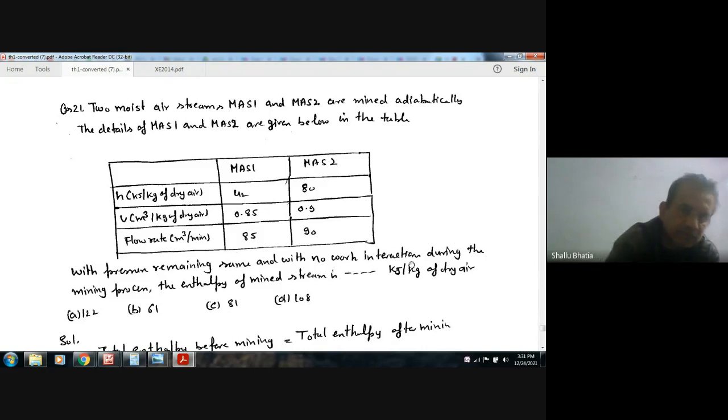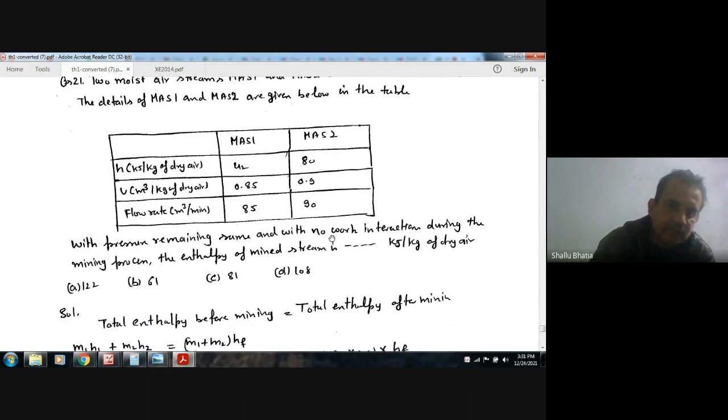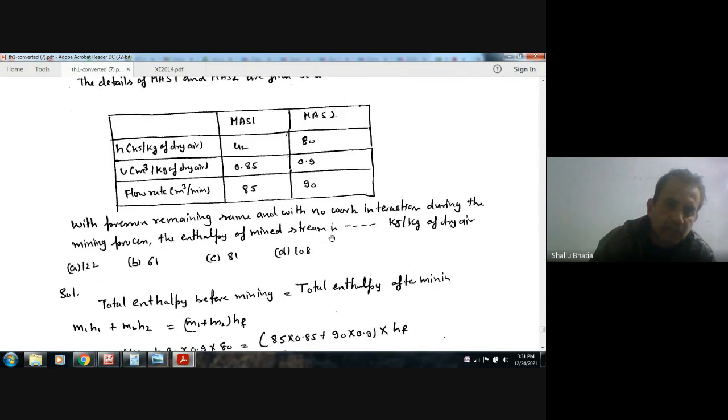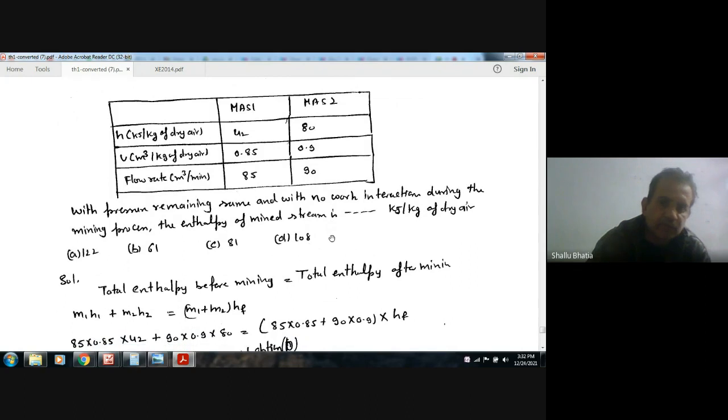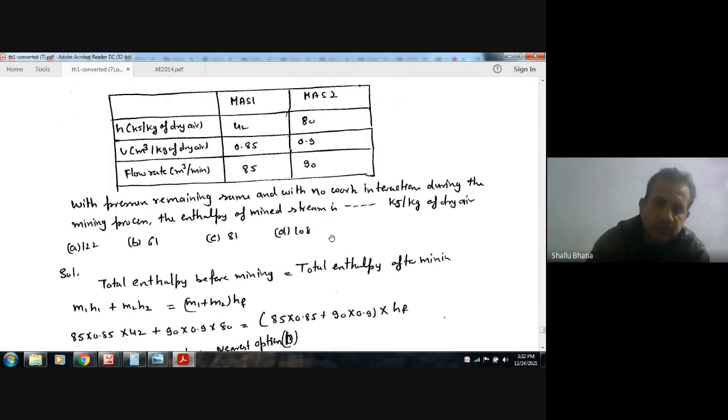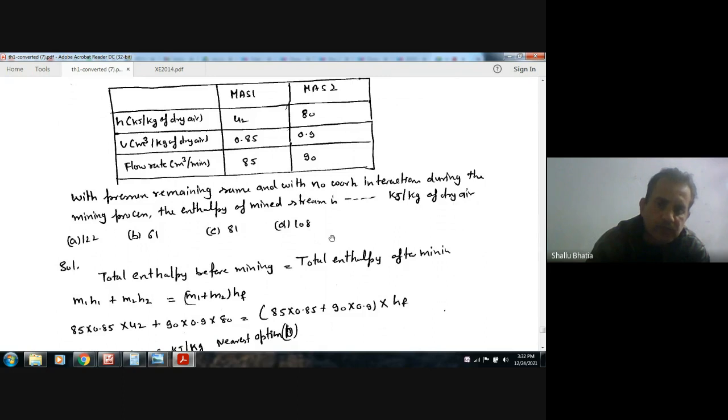So this is the detail, where the enthalpy of MAS1 is 42 and the second is 80, while the specific volume is 0.9, and the volume flow rates are 85 and 90. With the pressure remaining the same and with no work interaction during the mixing process, find the enthalpy of the mixed stream in kilojoule per kilogram of dry air.